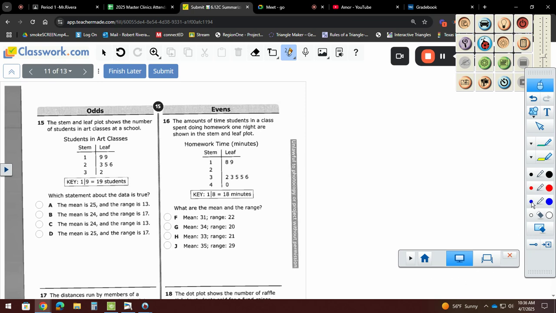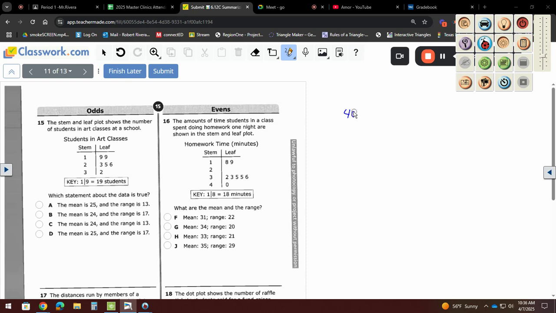How do you find the mean? Adding all numbers divided by the quantity. So we have 40. What else? 36, 35, 35, 33, 32. Do we have 20? No. 18 and 19.